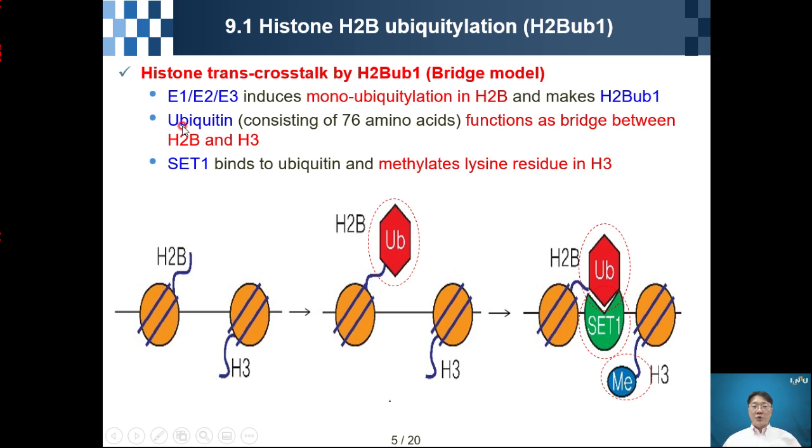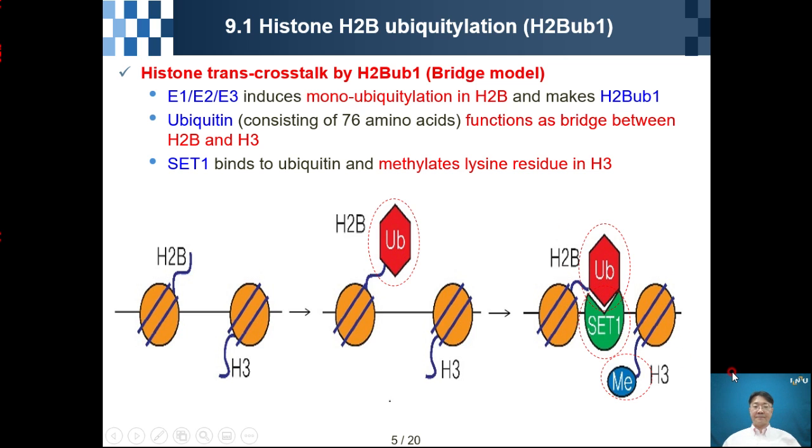Once again, the ubiquitin consisting of 76 amino acids functions as a bridge between H2B and H3. That's why we call it the bridge model. It means that trans crosstalk happens between H2B and H3.